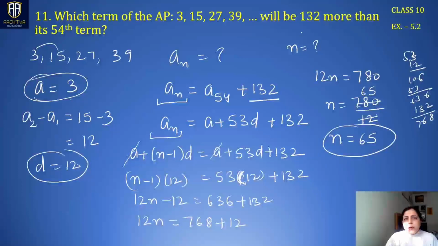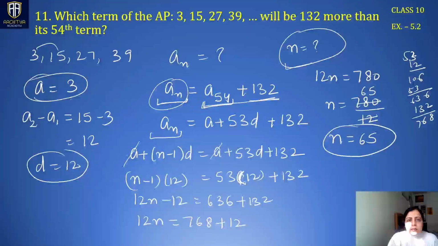See, we had to find the value of n here. Right? First we had to look for the term which is 132 more than the value of 54th term. So I just wrote the value of term is 132 more than 54th term. But eventually we had to find the value of n.